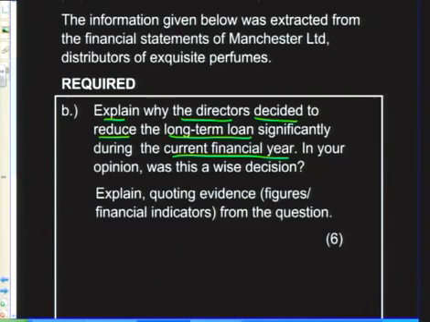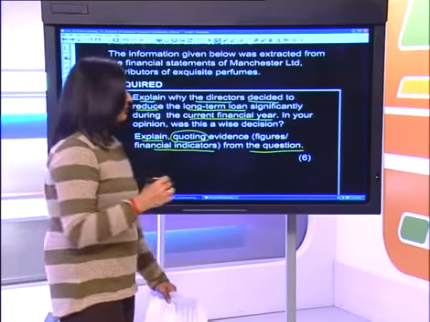In your opinion, was this a wise decision? In other words, they want you to answer with a yes or a no. Explain quoting evidence, in other words, figures or financial indicators from the question itself. Okay, 6 marks, so there's obviously quite a bit to do in this actual question.